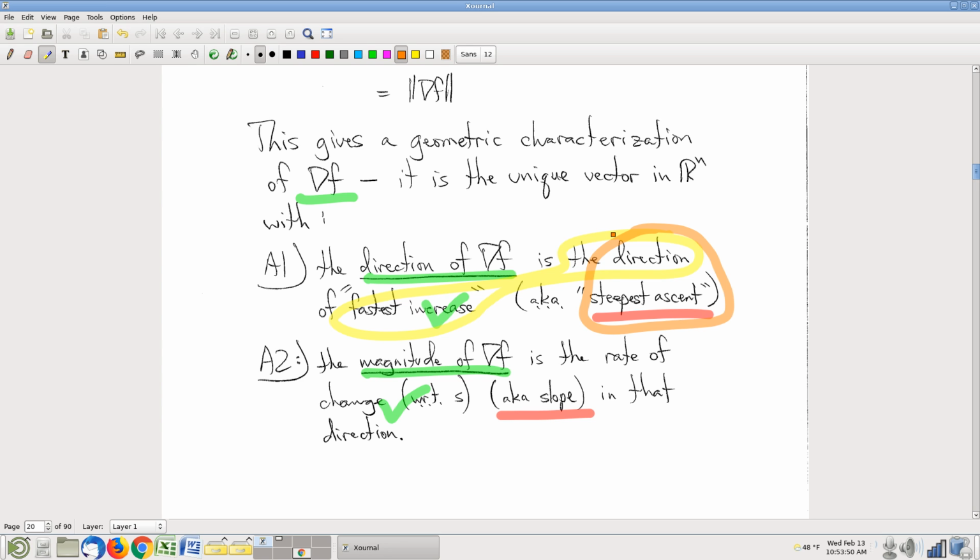In that context, it doesn't really make any sense to say direction of steepest ascent. That's just downright confusing. So I encourage you to use the term direction of fastest increase. I think it's a better term. It's more broadly reasonable. But be aware, culturally, you're also going to hear direction of steepest ascent. Okay, those are nice interpretations.